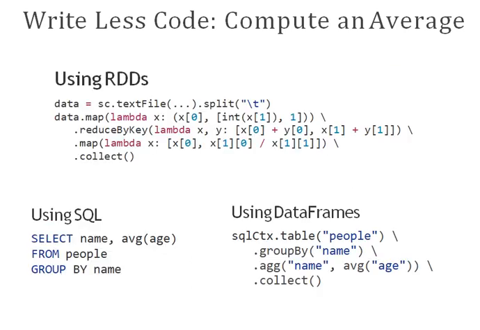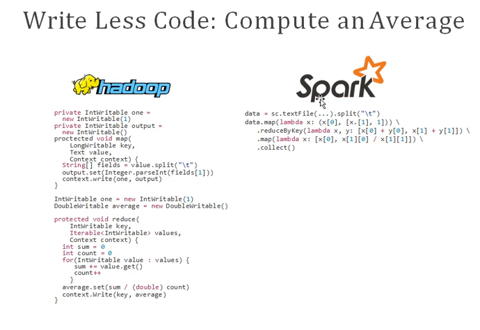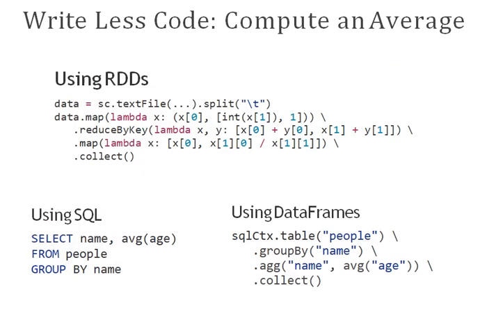So if we look at the same SparkSQL code, compare it with SQL and using a data frame. Using SQL is also quite simple, in which we specify the attribute name and also the attribute name with an operation from the table, and the group by name.